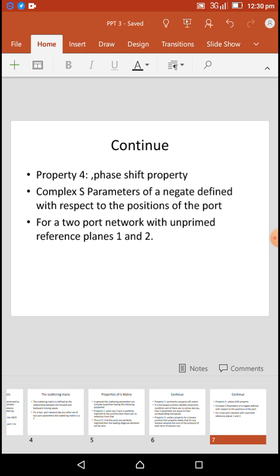The third one is that any column of the S matrix multiplied with its complex conjugate is unity. The fourth one is that S parameters of a network are defined with respect to the positions of the ports. So these are the 4 properties.